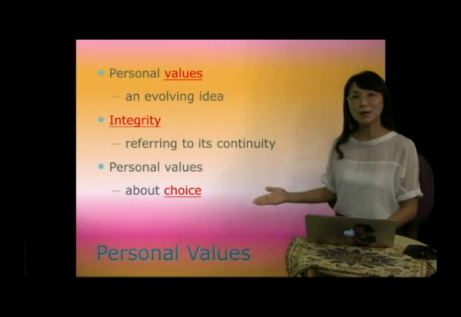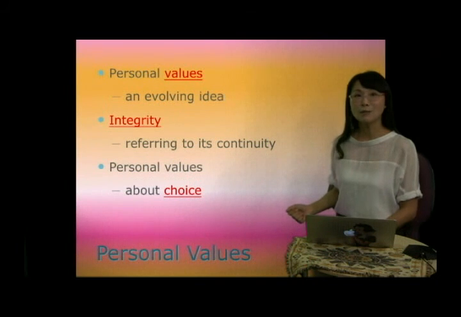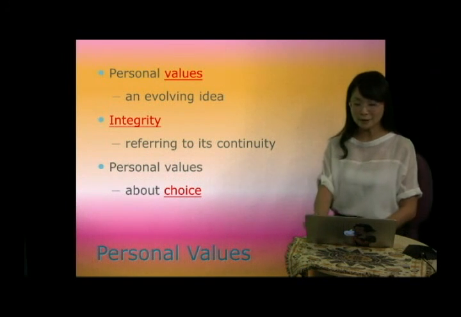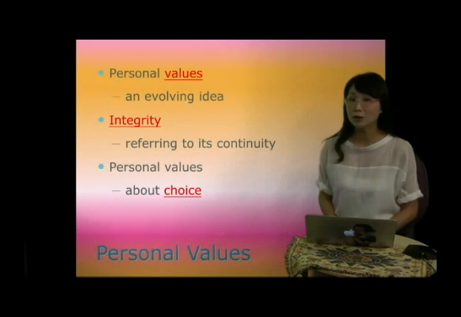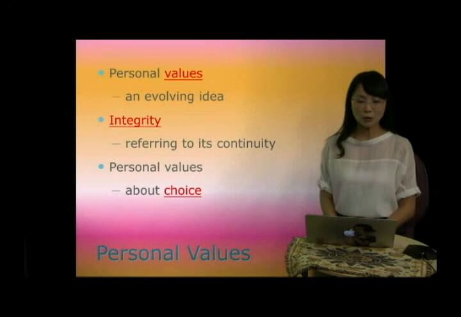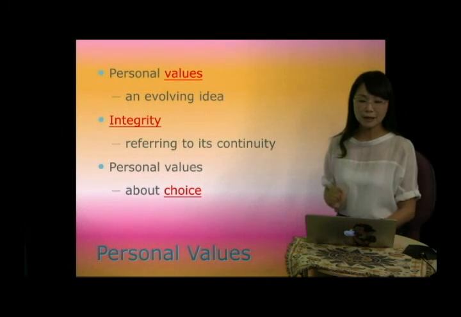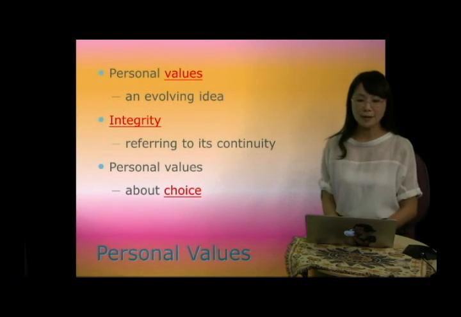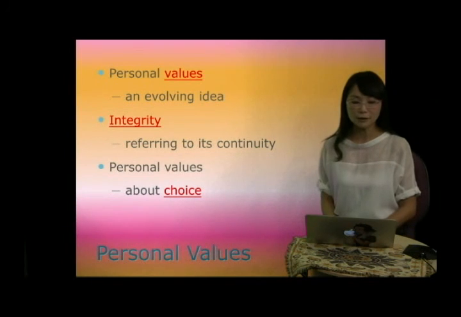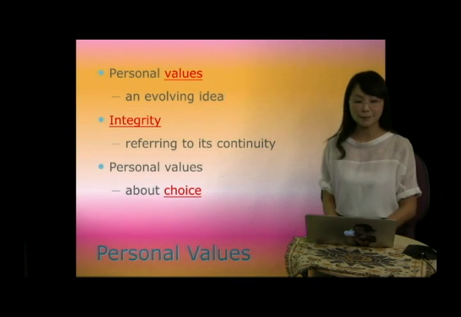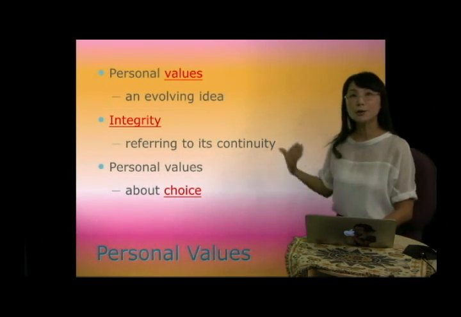Okay, first one, personal values. When people's values are different, well, people can think very differently. Okay, so now let's look at what personal values are. Personal values evolve from circumstances with the external world and can change over time. Okay, so what does it mean?